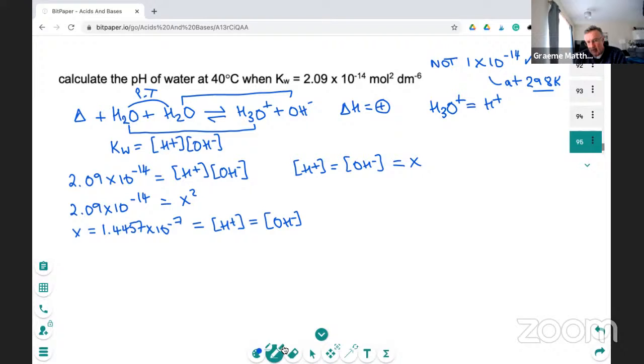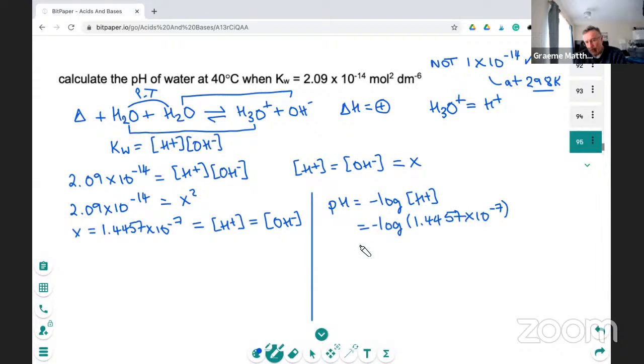Well, if I do a sidebar right here, the pH is minus the log of the hydrogen ion concentration, which is minus the log of 1.4457 times 10 to the minus 7th. I've got 6.84.